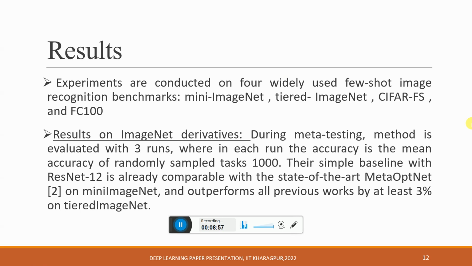The network trained with distillation further improves over the simple baseline by 2 to 3%. In this work, they showed that standard cross-entropy pre-training is sufficient to generate the strongest embedding without meta-training techniques or any fine-tuning.